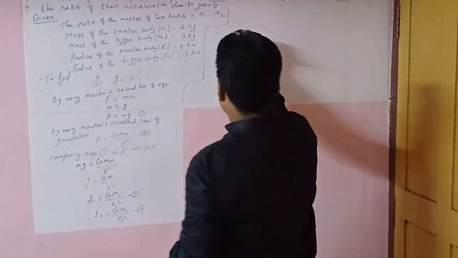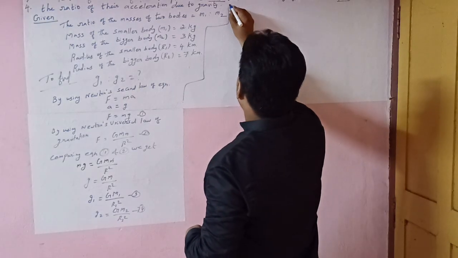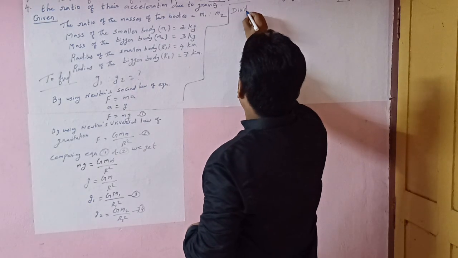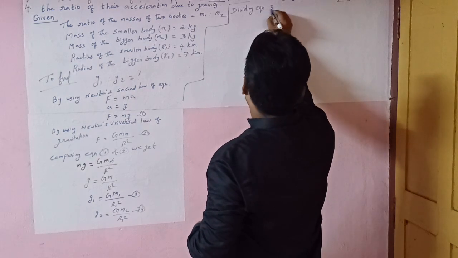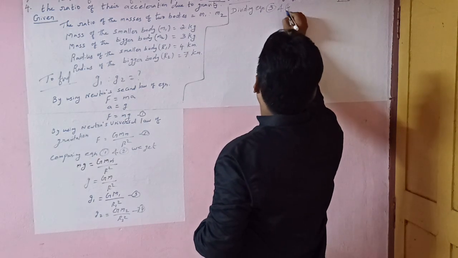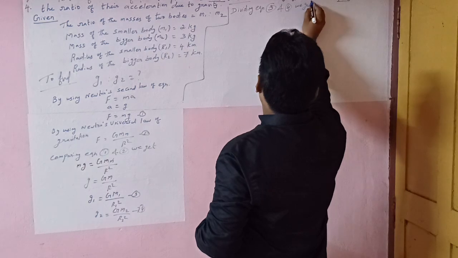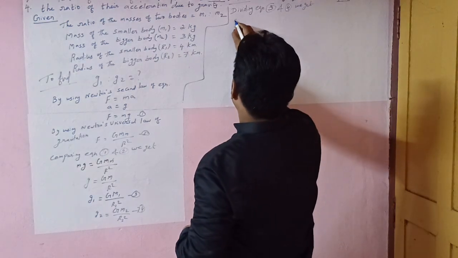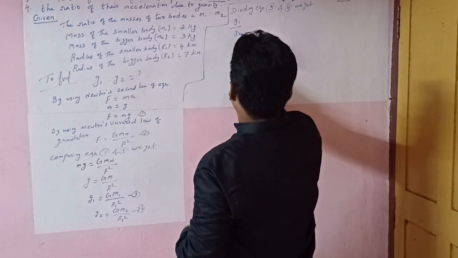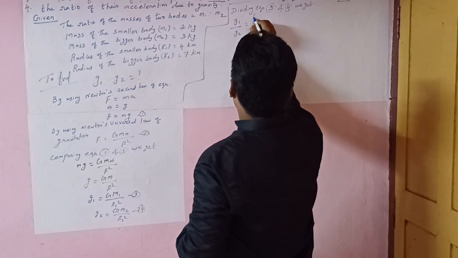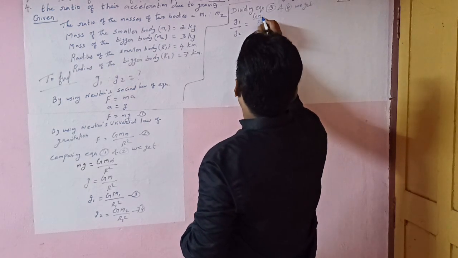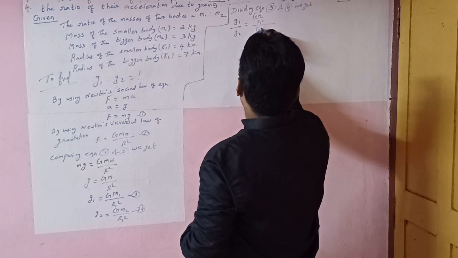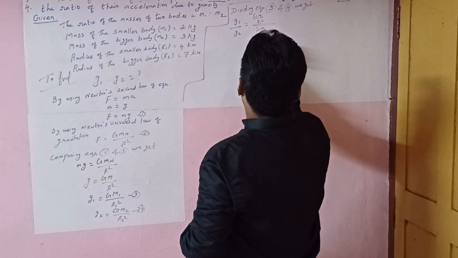So dividing equation 3 and 4, g1 divided by g2 equals capital G into capital M1 divided by R1 squared, divided by capital G into capital M2 divided by R2 squared.